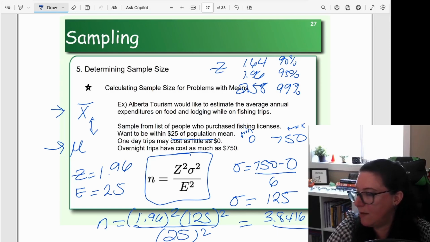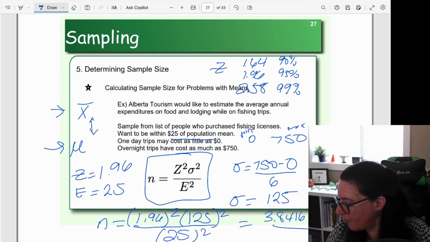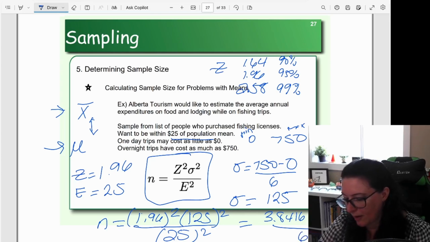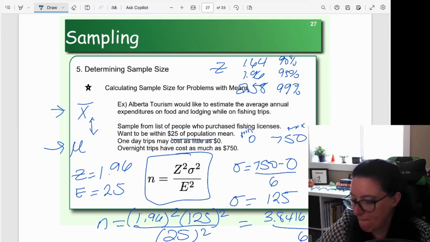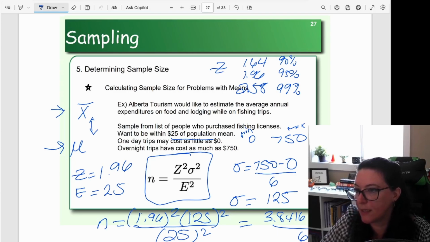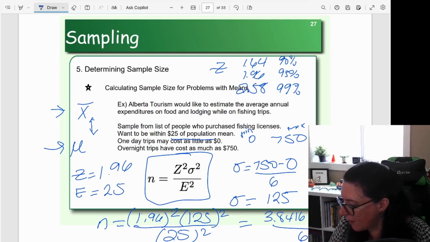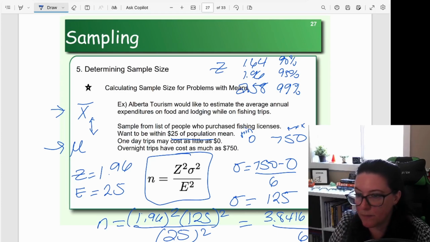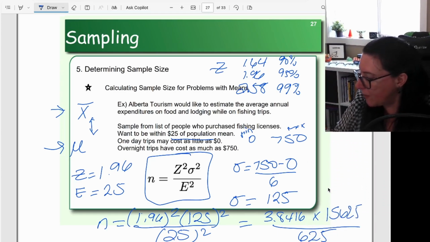And then 25 squared, which is 25 times 25, is 625. So 15,625 times 3.8416 divided by 625. You should be getting about 96. All right, equals 96.